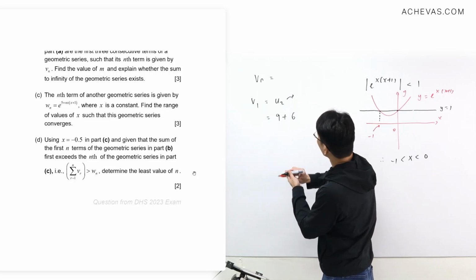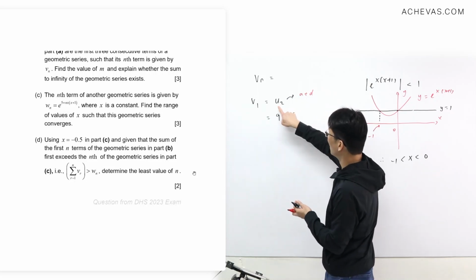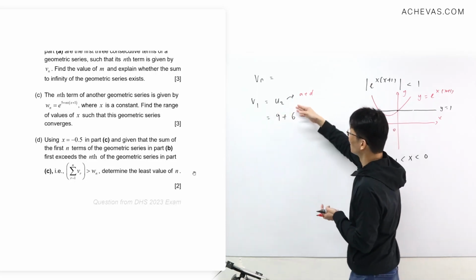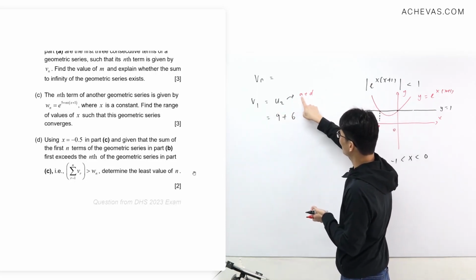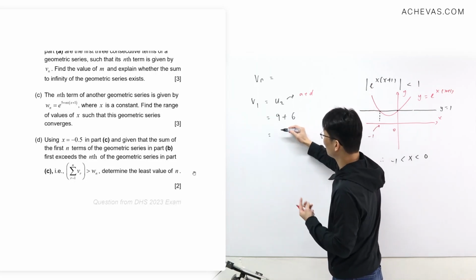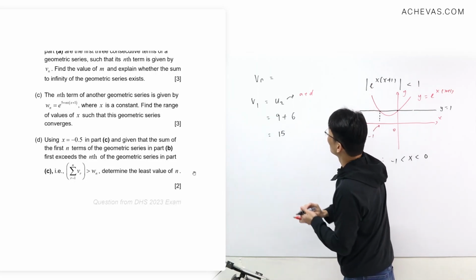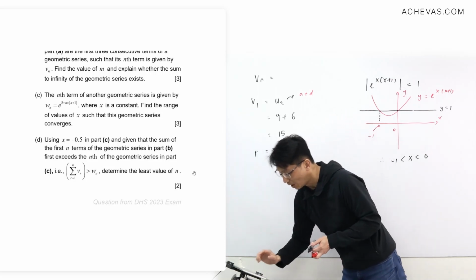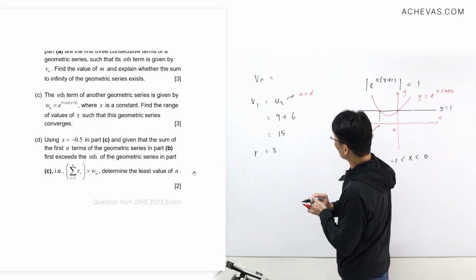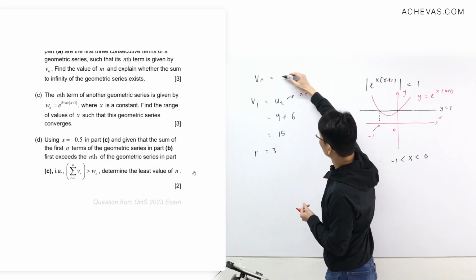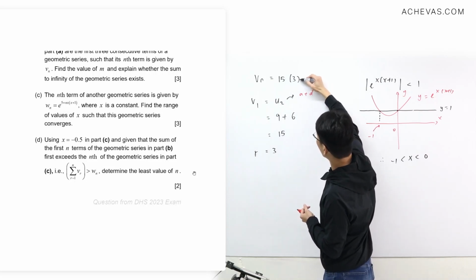This is like a plus d, the series in our first part A, which is an AP. The first term will be 9 and the common difference 6, like what we have found previously. So V1, the first term of our GP, is 15, and the common ratio, as we already found in part B, is 3. I can write down our general term for the GP, Vn, as 15 times 3 to the power n minus 1.